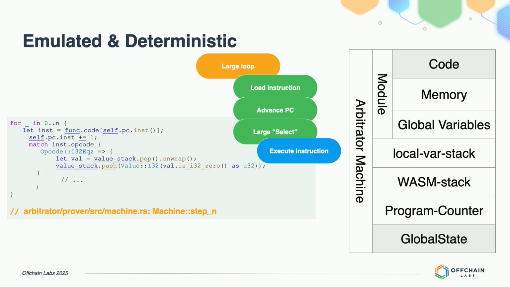And after that, there is a huge select, or in Rust it's called match, which goes over what's the opcode, and according to the opcode, I will just do the thing that the opcode says. In this case, the code we have here is of the opcode I32EQZ. It's a WASM not. Pop the top of the stack. If it was a 0, push a 1. If it was not a 0, push a 0. And that's basically, when you compile your code, that's what all code compiles to. A sort of very, very simple instructions.